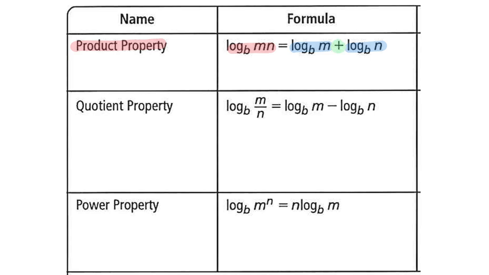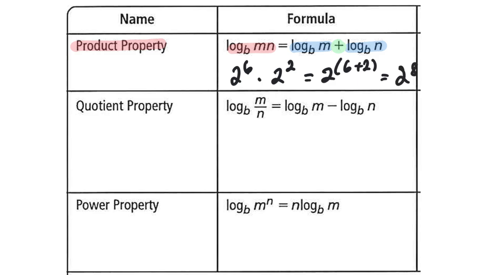Why are we going to do that? Because when you multiply two powers, you add the exponents. So say for example, you have 2 raised to 6 multiplied by 2 raised to 2. That's going to give you 2 raised to 6 plus 2, and of course that's going to give you 2 raised to 8.